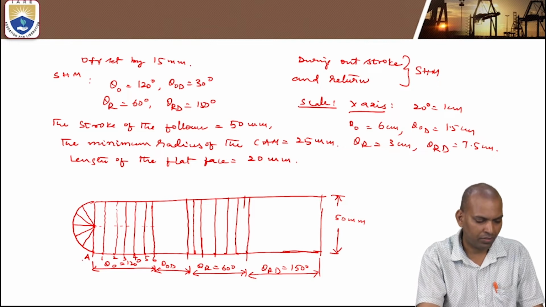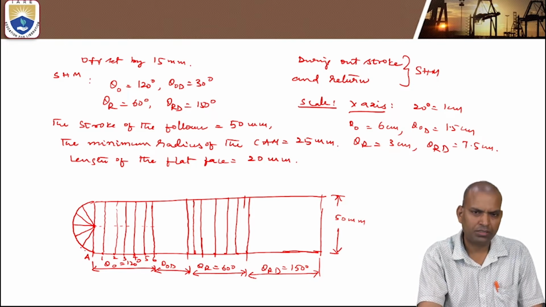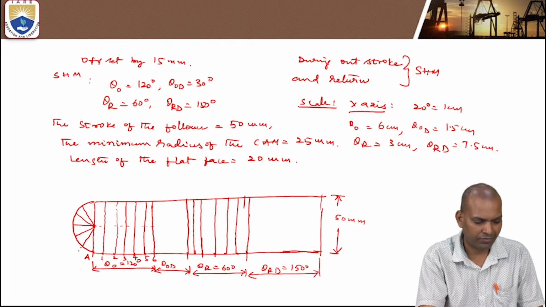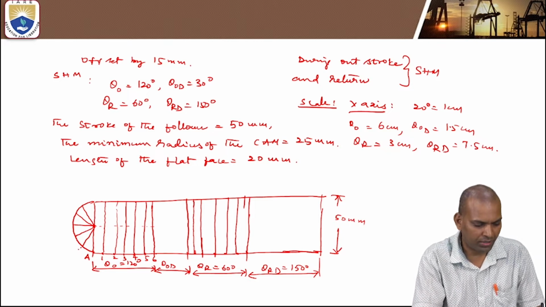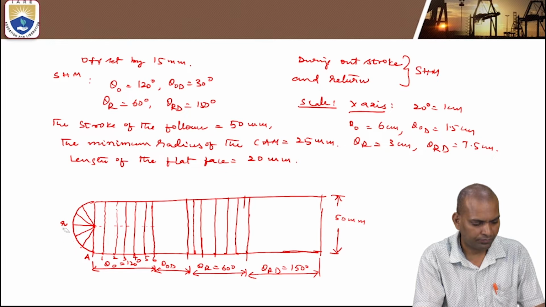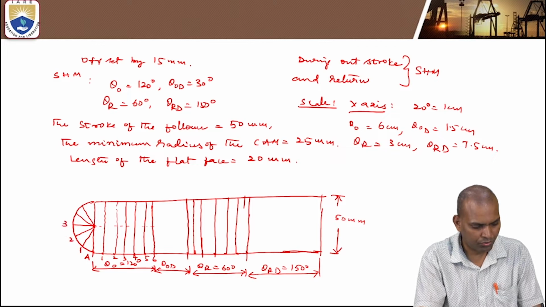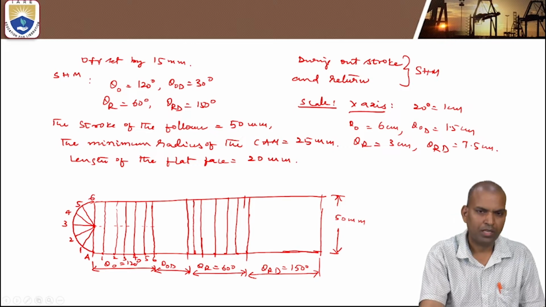Then mark these equal parts with small letters P, Q, R, whatever is required, or you can give them as 0, 1, 2, 3, 4, 5 and 6.